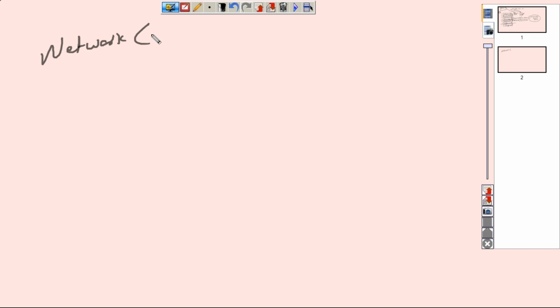So the network layer, or layer 3, the primary function. You guys with me? All right. So the primary function there would be, one, addressing. What do we mean by addressing?